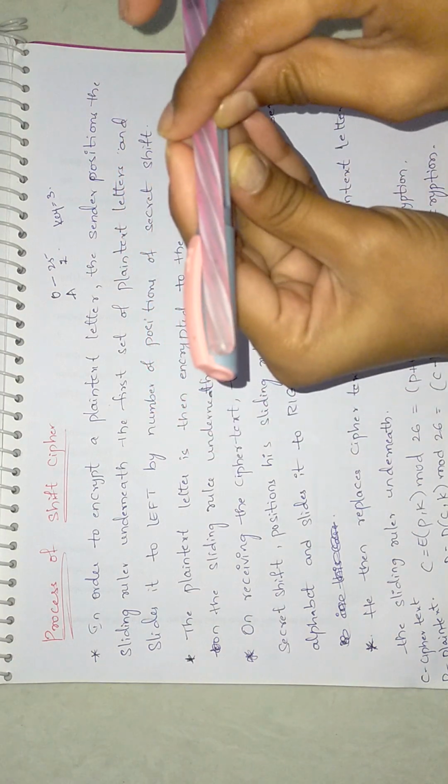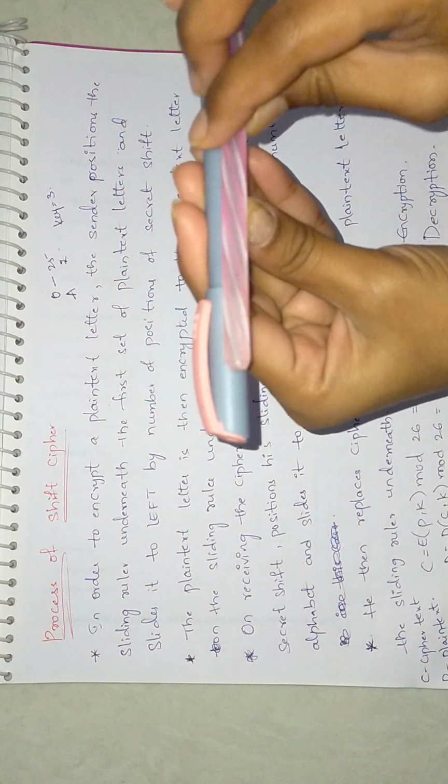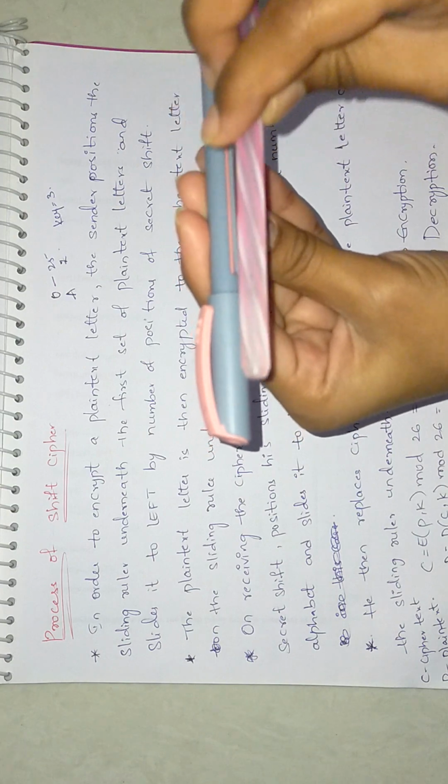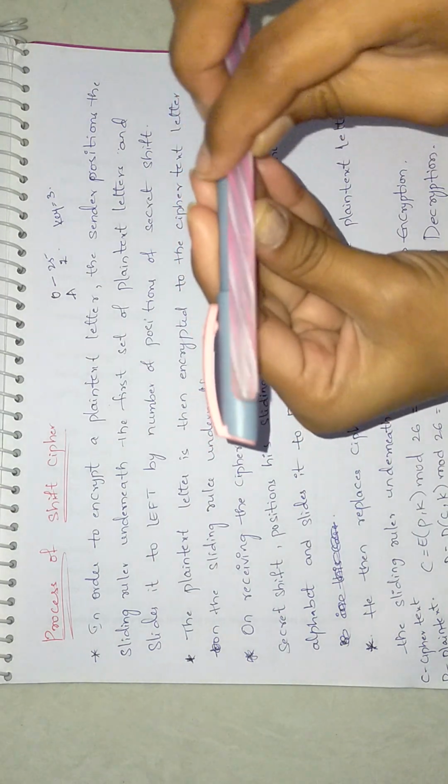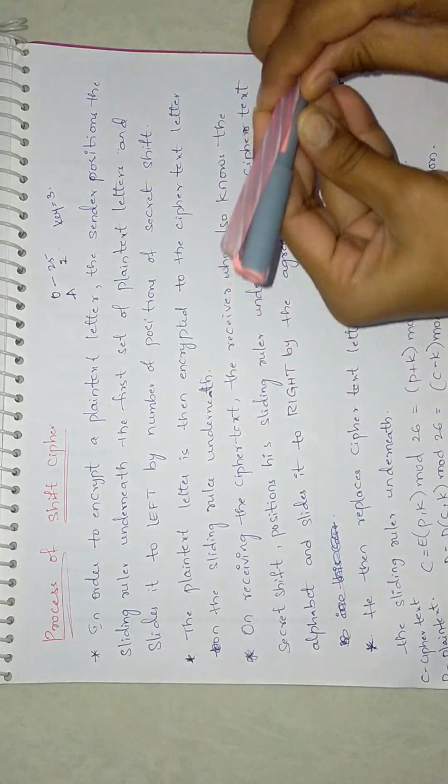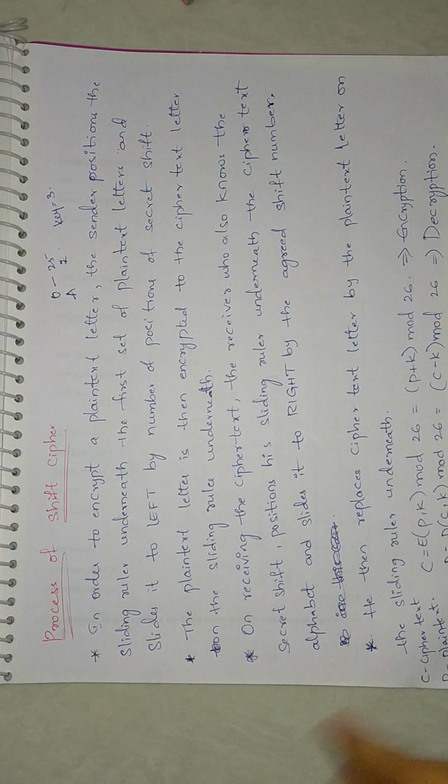We have to move the slider in this way from one end to the other, such that we can see the letters and know which letter is visible on the ciphertext for the plain text. That is how this process goes on, and the plain text letter once encrypted is converted to the cipher.